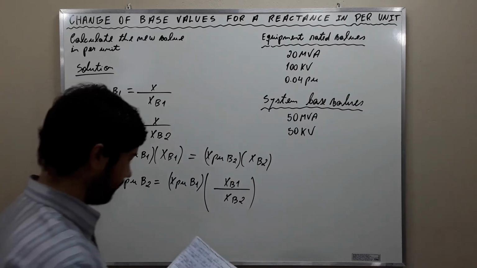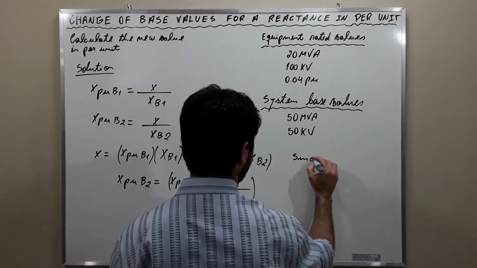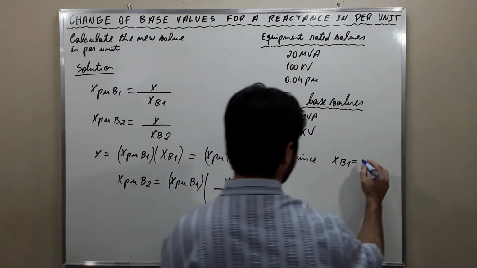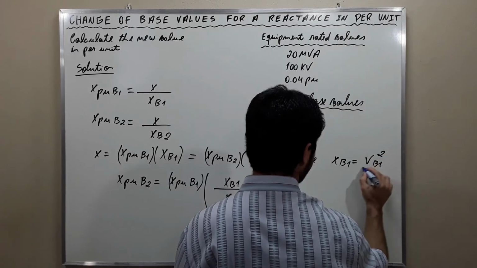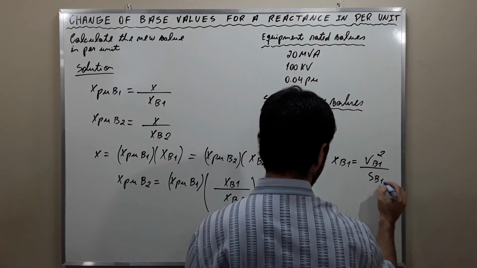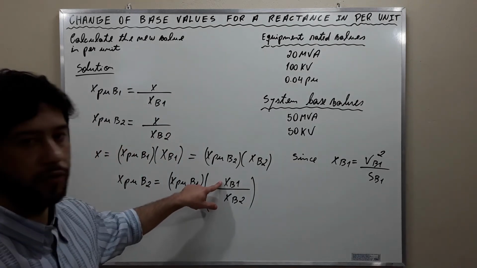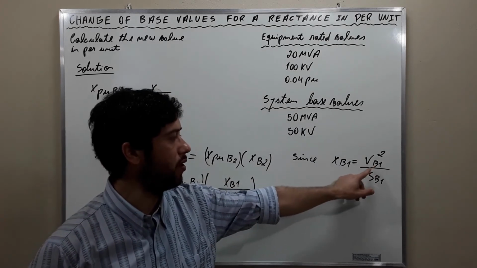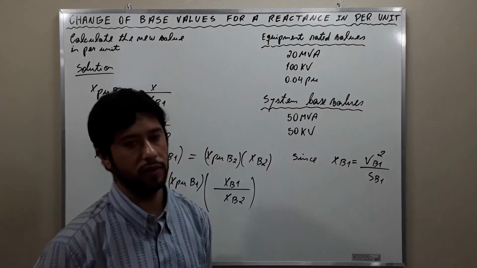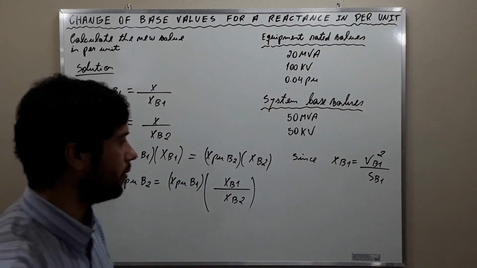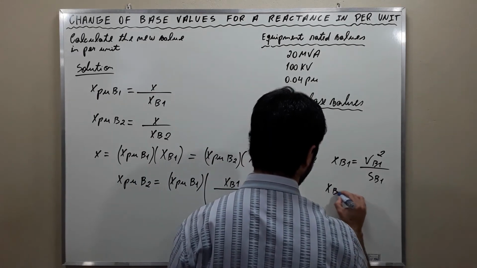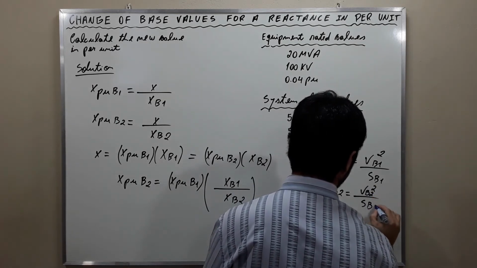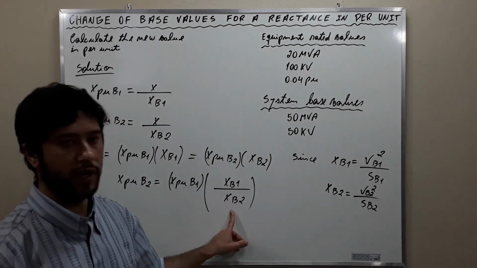But since this reactance here can be written as the division between the square of the base value of the voltage and the base value of the power, the same can be said for this reactance here.